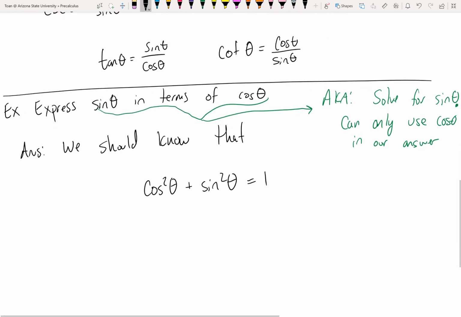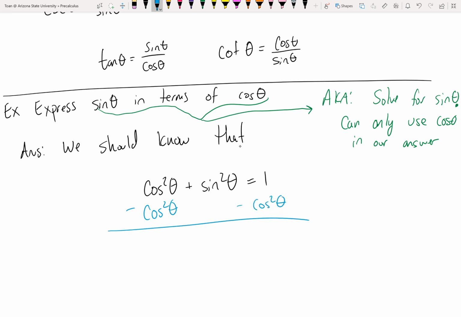So that's what we want to do. We want to solve this identity for sine. This is simple algebra. First thing you would do is subtract the cosine squared: minus cosine squared theta on both sides. You're left with sine squared theta equals 1 minus cosine squared theta.